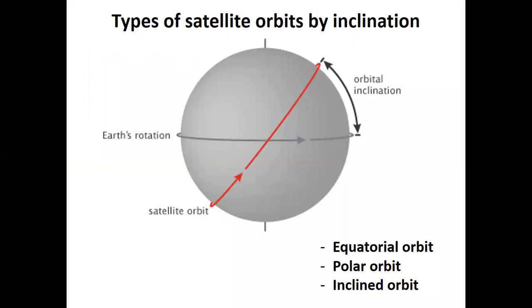Also, there is an orbital parameter called inclination. It means the angle between the equatorial plane and the satellite orbit. In principle, the satellite could orbit around the Earth over its equator, so it will be an equatorial orbit, or it could be totally different, a polar orbit.